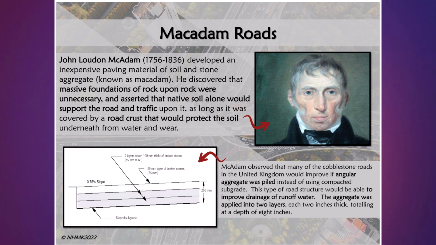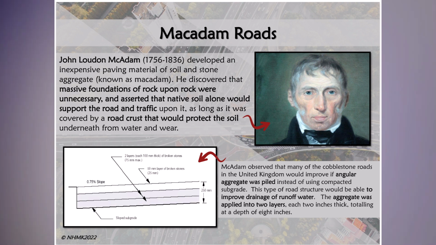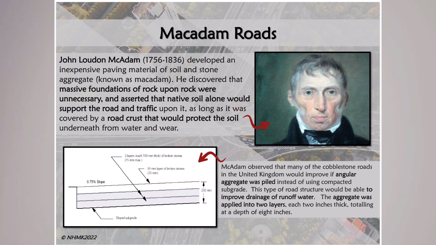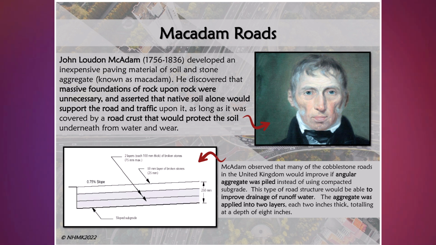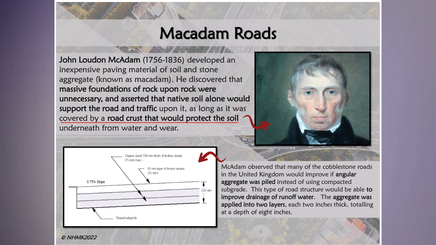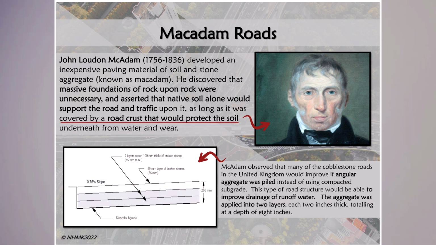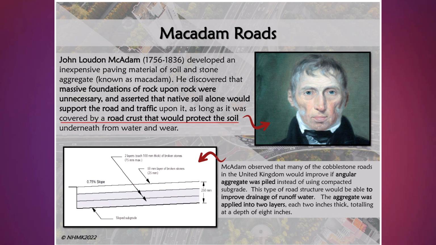He discovered that massive foundations of rock upon rock were unnecessary and asserted that native soil alone, which we call subgrade today, would support the road and traffic upon it, as long as it was covered by a road crust that would protect the soil. So his idea is basically to rely on the strength of the subgrade before adding layers just for the finishing on the surface of the subgrade, which we call the modern roads.